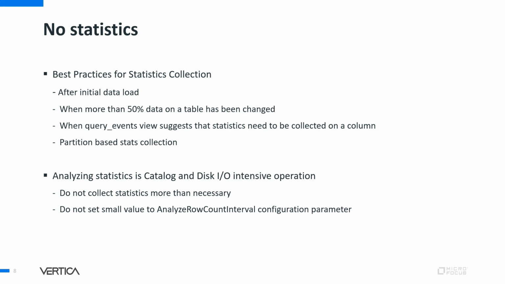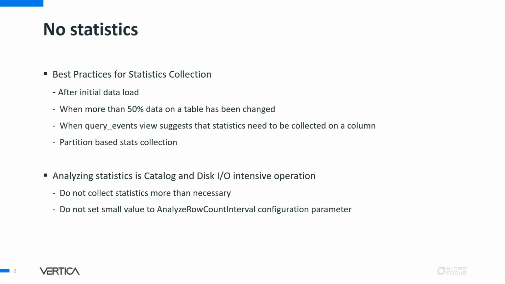When should you run analyze statistics? It's usually recommended that you run it after initial load, after changes of 50% or more of the data, or when you see in the query events table that the statistics need to be collected on the column.